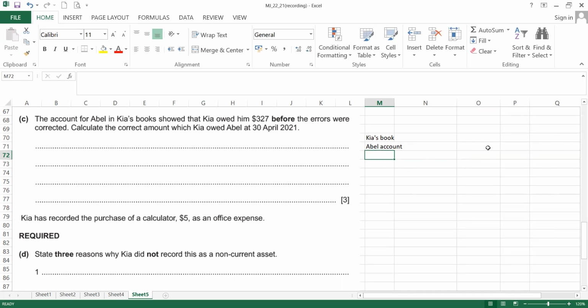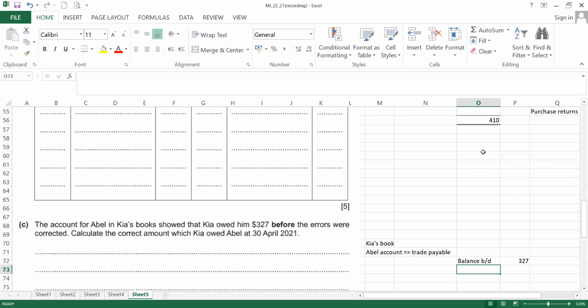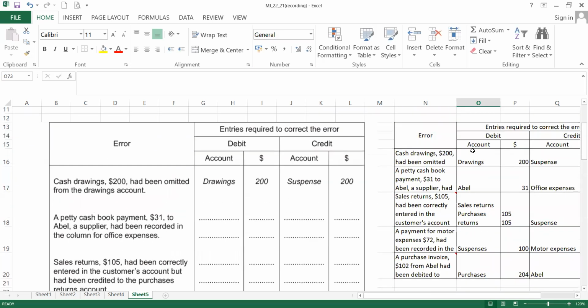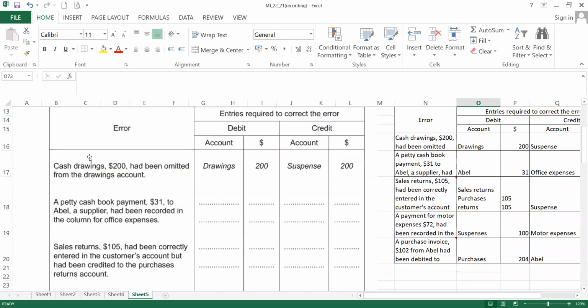So Kia owed him, that means this is a trade payable account. So trade payable owed means that here I didn't put the date, I just put the detail. 327, and then payment made 31.